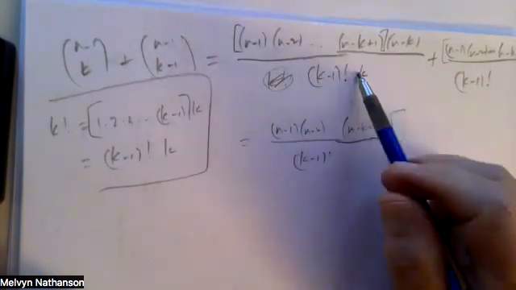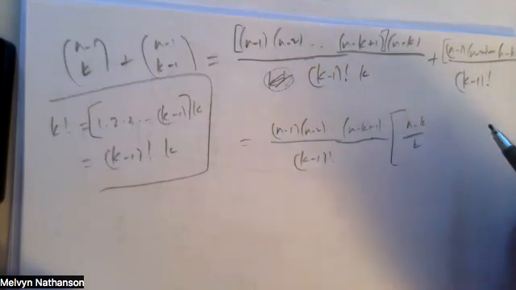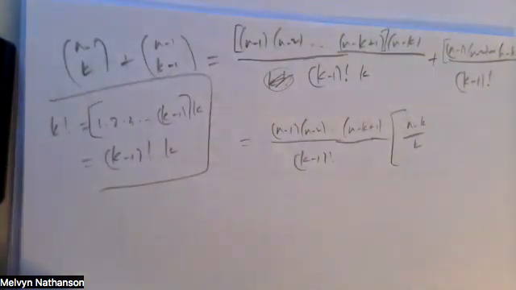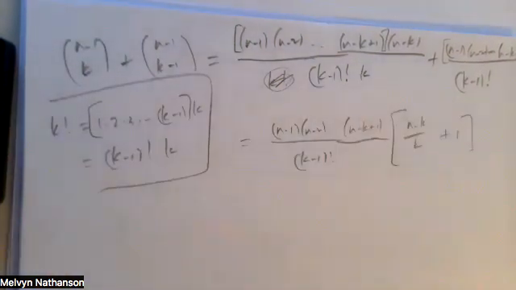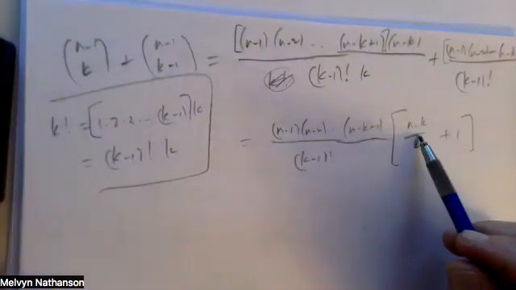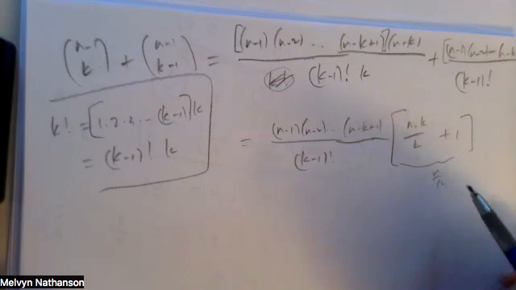If I factor that out from the first term, I'm left with n minus k over k, plus 1. And n minus k over k plus 1, if you add fractions, is just n over k.